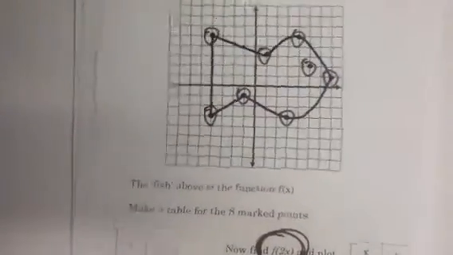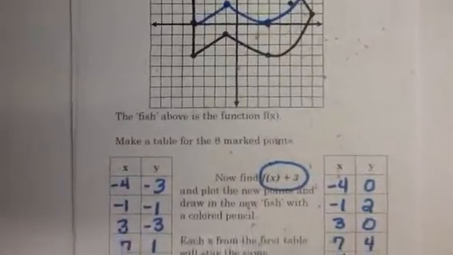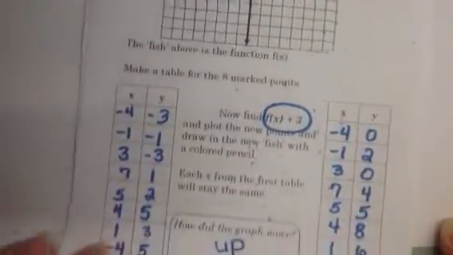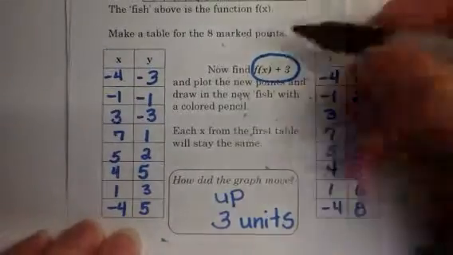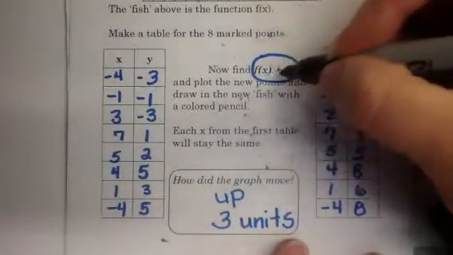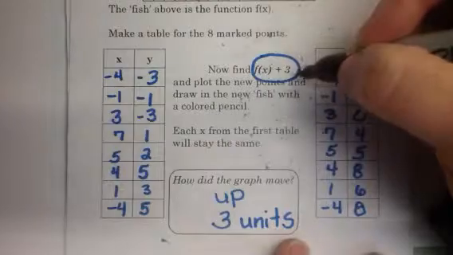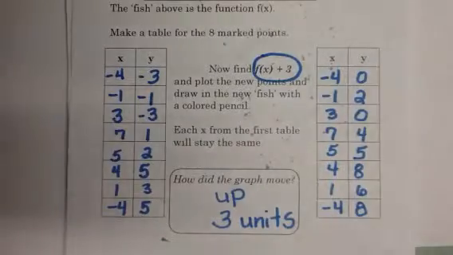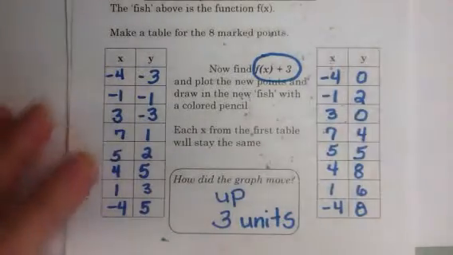Okay. The first one that I want to go back over is a vertical transformation. A vertical transformation comes when you have a function and then you have a number added or subtracted. In this particular one, there's what my tables ended up looking like. And so you could pause and write those down if you needed to.